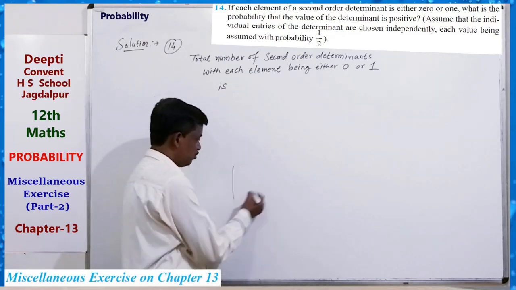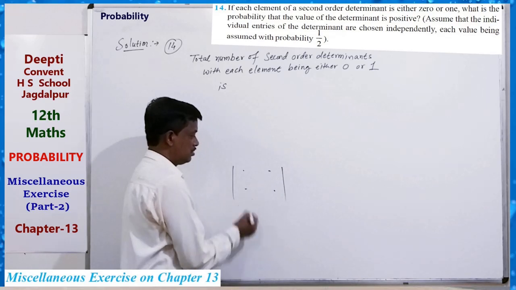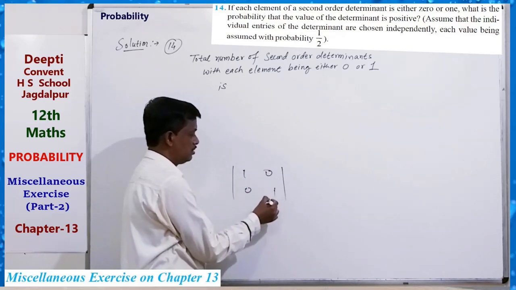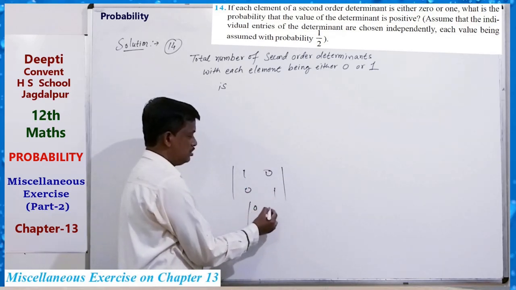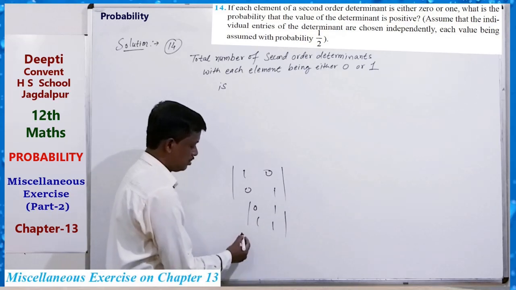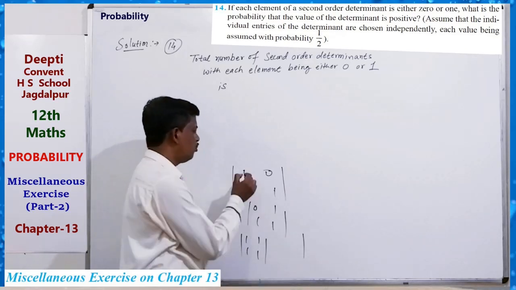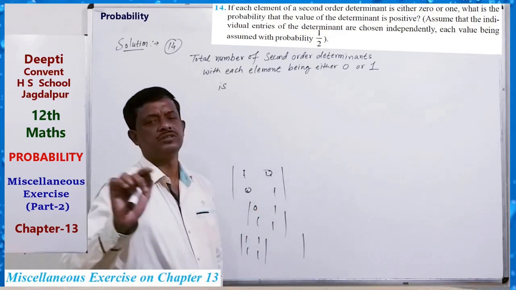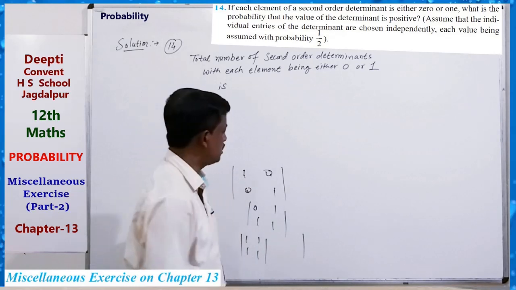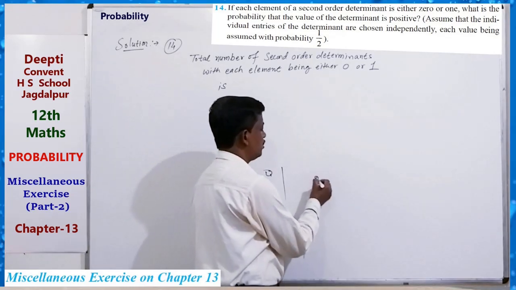There are 4 places, and a determinant can be like 1 0 0 1, or 0 1 1 1, or 1 1 1 1, with the 4 places filled with 0 or 1. So 4 places are filled with two different objects.